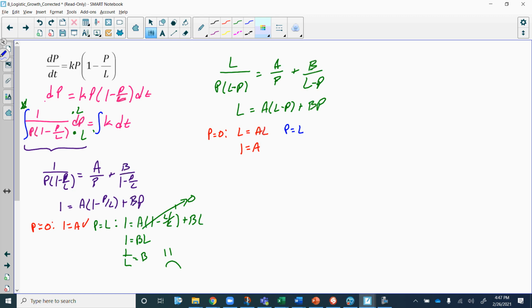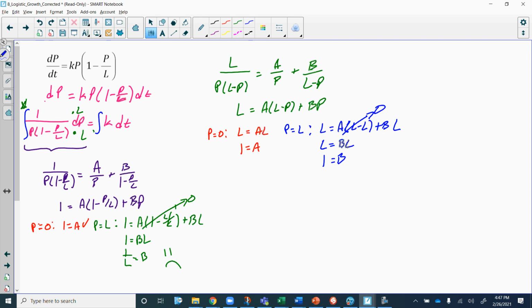But now when I do my substitution, I'm going to wind up with L equals A times (L minus L) plus B times P. Nope, B times L, because we're saying P is equal to L. Well, you can see inside the parentheses that creates 0, so 0 times A is just 0. So I'm left with L equals B times L, and again I'm going to get 1 equal to B when I divide both sides by L.